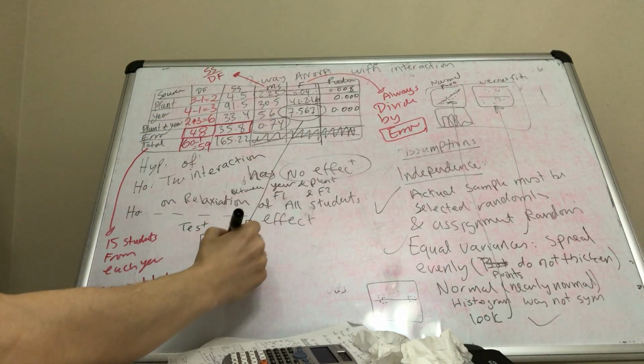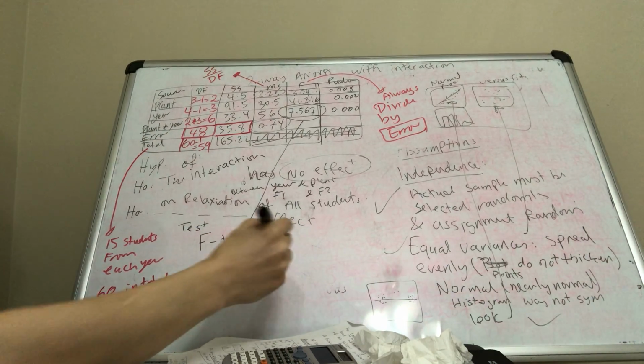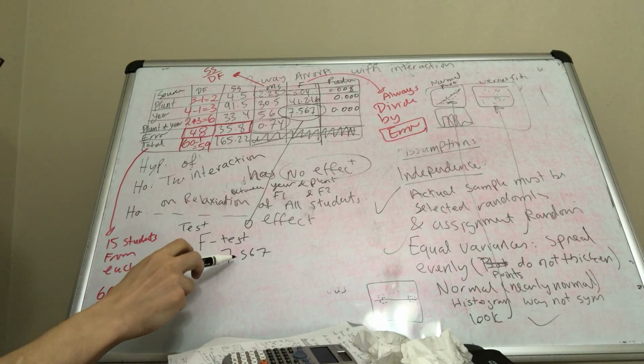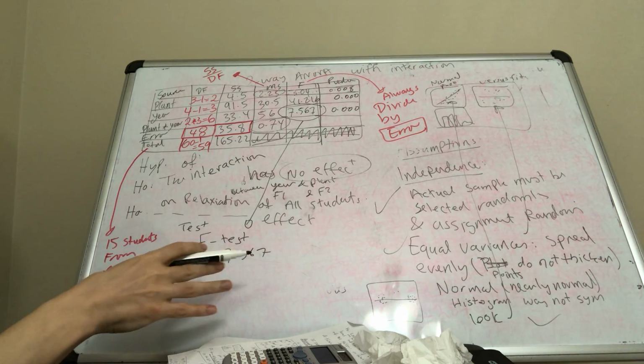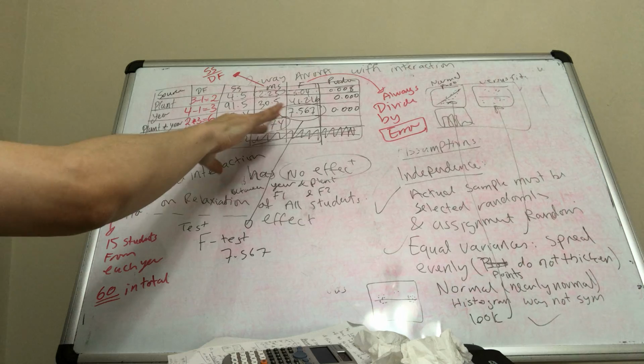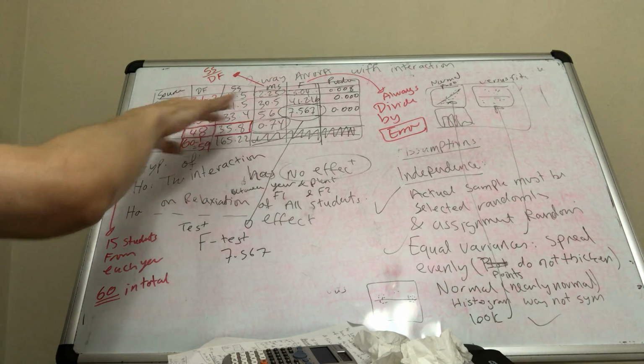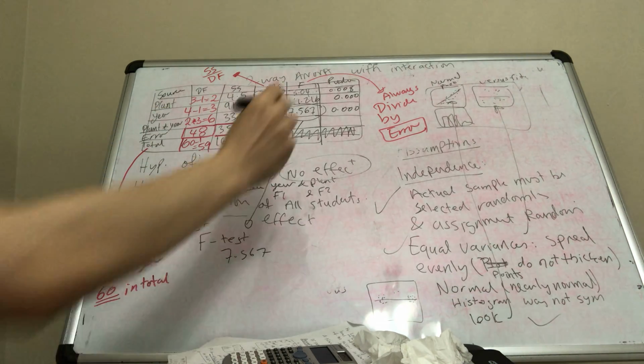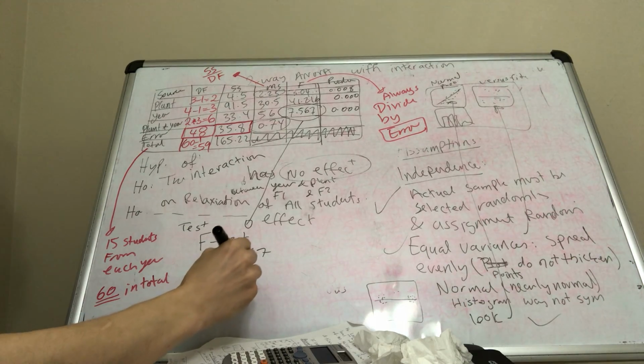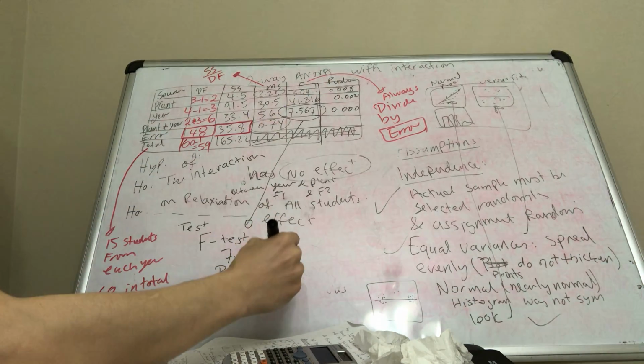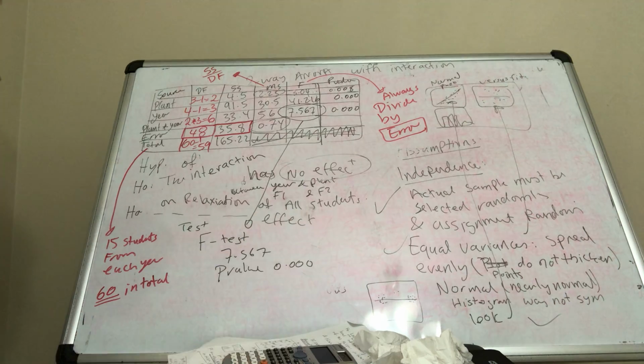So that would be the value. The one in the Minitab was exactly 7.47. This is just an estimation of the number from my calculation. And p-value would be the one next to it, the 0.00.